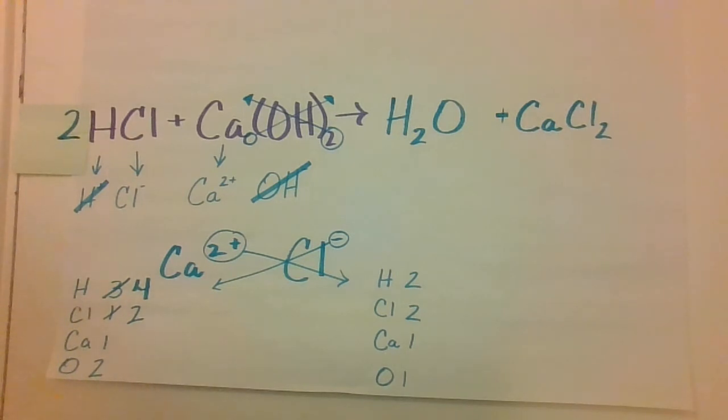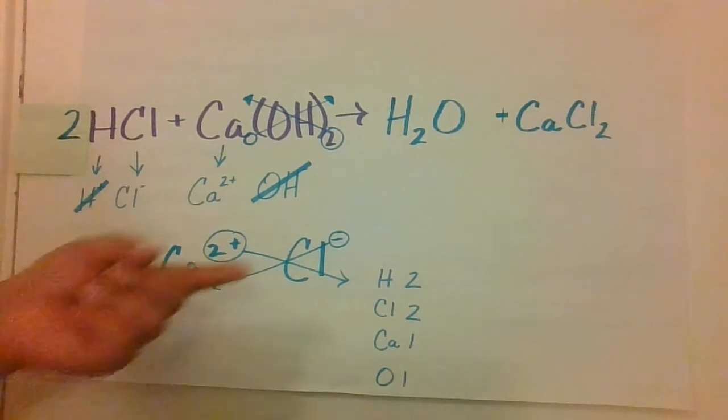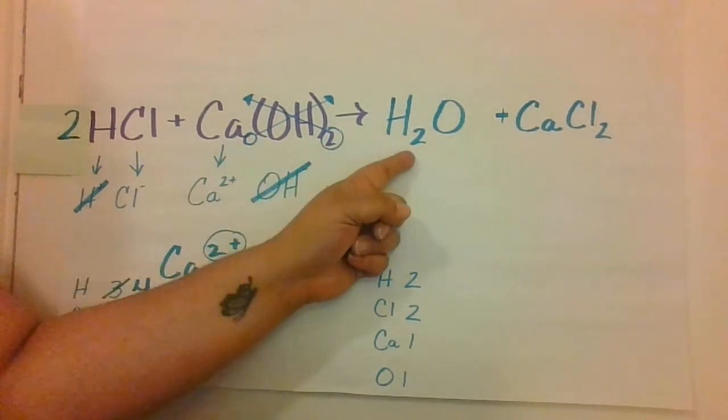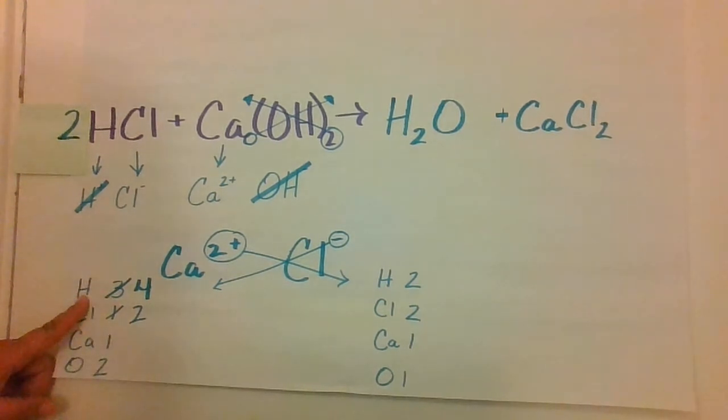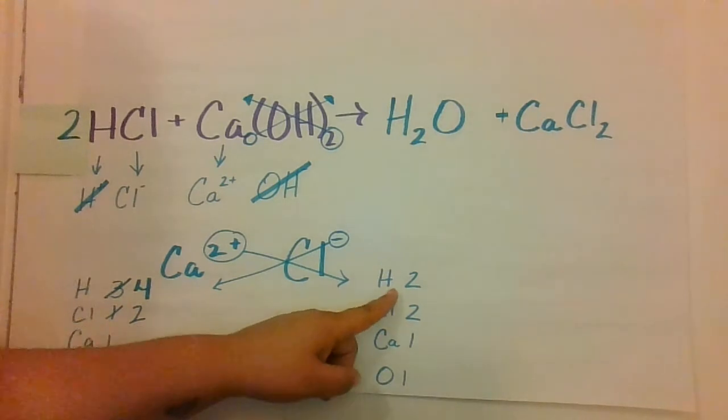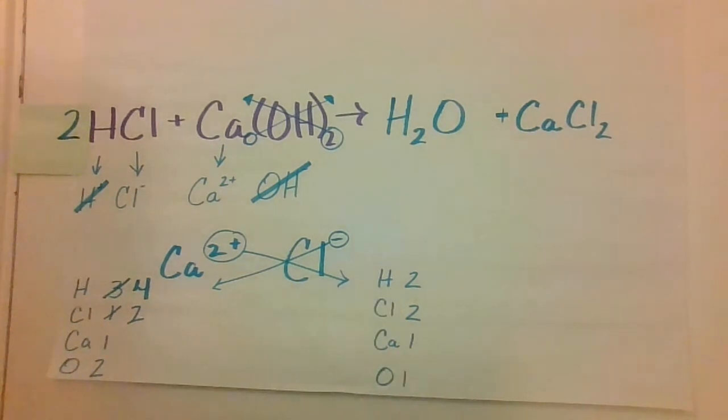So you'll either see them appear in multiples of 2, or you'll see them paired together in water with a 2-to-1 ratio. Here we have 4 hydrogens on the reactant and 2 on the product, and we have 2 oxygens on our reactant and 1 on the product.